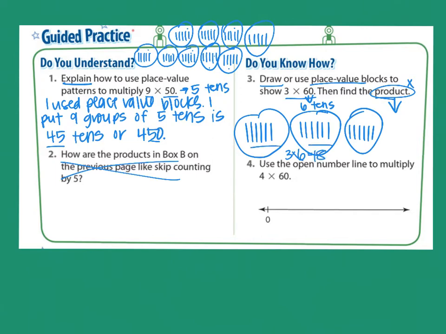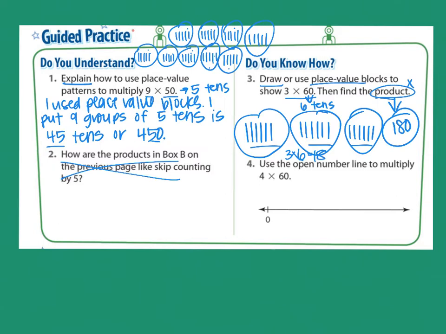But remember, these are all tens, so I get 180. That is the product of 3 groups of 60. Okay? Now let's take a look at number 4. It says use the open number line to multiply 4 times 60.